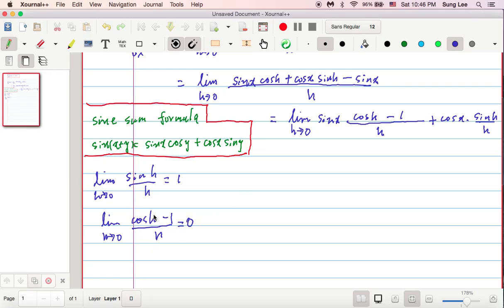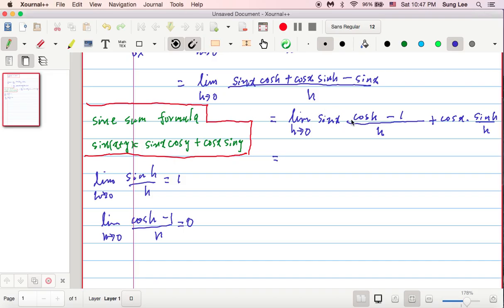So we talked about these two limits in my earlier lecture, so I'm not going to repeat that.